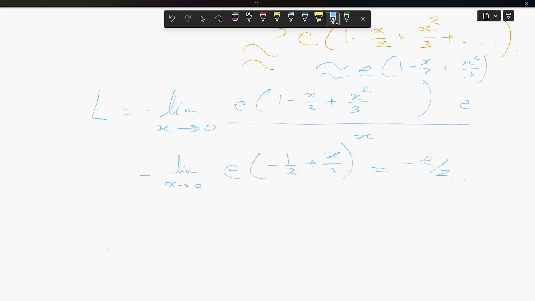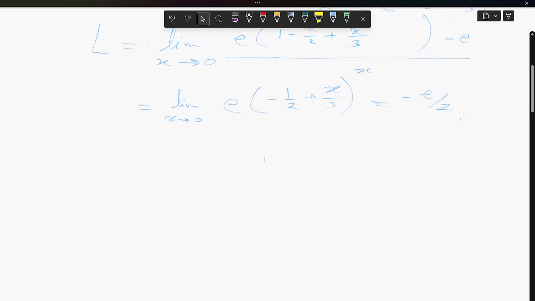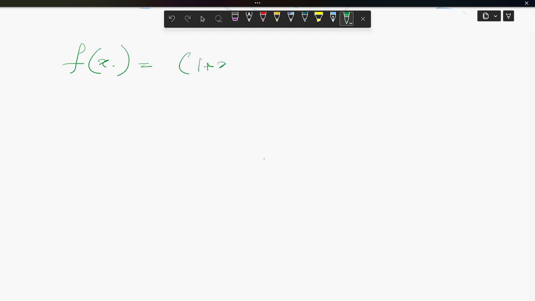Okay, so in an alternative way we can take it in this manner. So let me shift the screen. If we take f of x equal to (1 plus x) to the power 1 by x minus e, and g of x equal to x, then as x tends to 0, f of x and g of x will both go to 0. So we are using L'Hospital's rule.